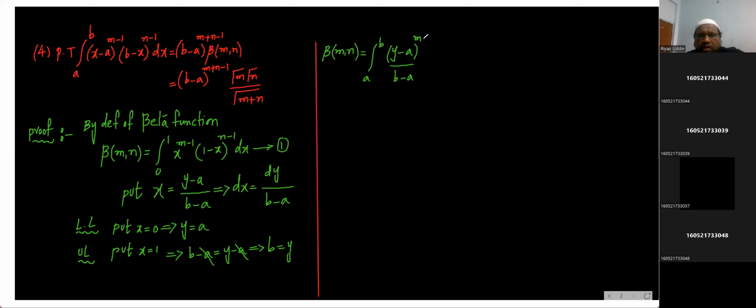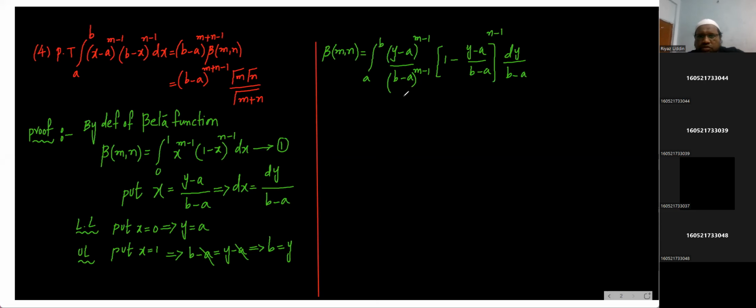We apply the power individually to this term, and also to the term 1 minus x, where x is again y minus a by b minus a, whole to the power of n minus 1, into dx, whose value is dy by b minus a.